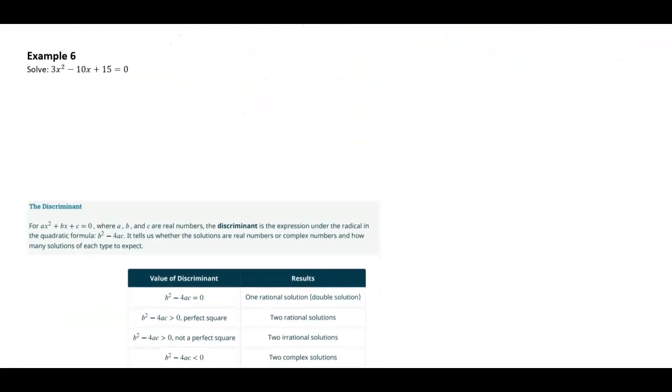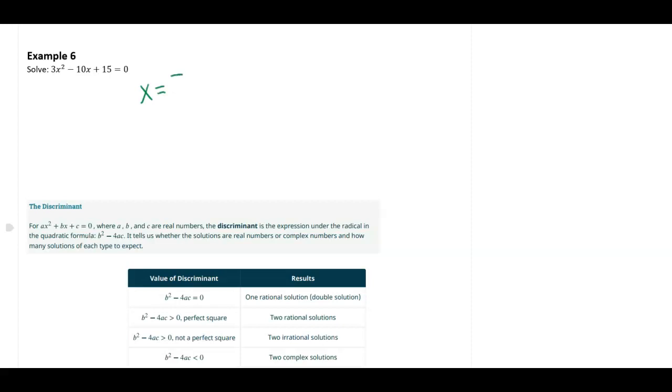All right, let's look here. Now, again, I would want to look at this, and I notice a 3 and 15, and just like the example we did in the previous video, we might want to look at it and be like, can I factor a 3 out of everything? But I can't factor a 3 out of negative 10, so I am just going to plug this into the quadratic formula.